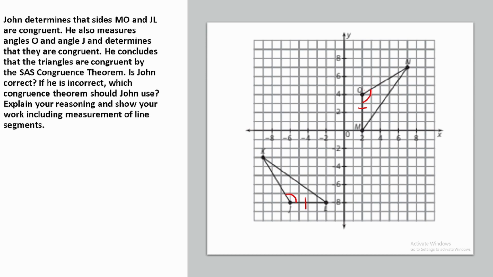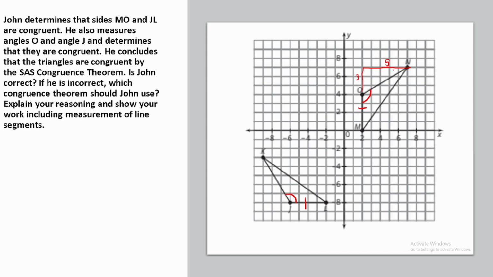We are missing ON and JK, right? We would have to use our distance formula, or we could use the idea of slope, right? So kind of using the idea of slope here. So what we could say is if we want to get from O to N, we're going up 1, 2, 3, right? We're going up 3, and we're going right 1, 2, 3, 4, 5.